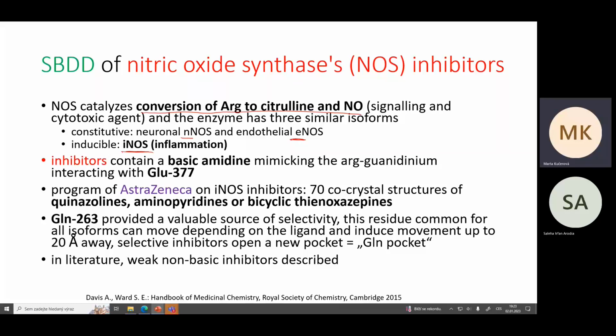So the compounds developed in this study could be anti-inflammatory agents acting via inhibition of inducible nitric oxide synthase. It was known that the inhibitors contain a basic amidine, mimicking the arginine moiety and interacting with the glutamic acid in the binding site.